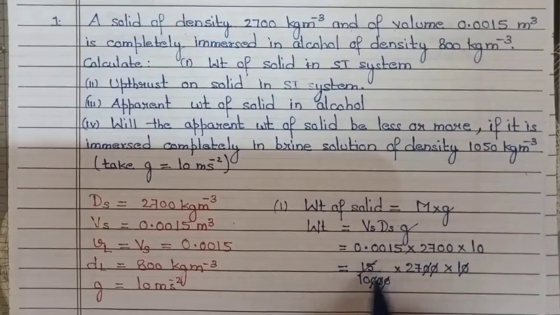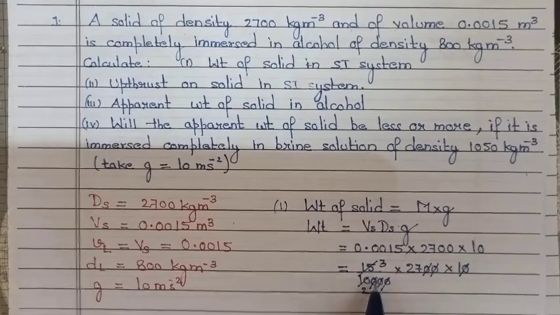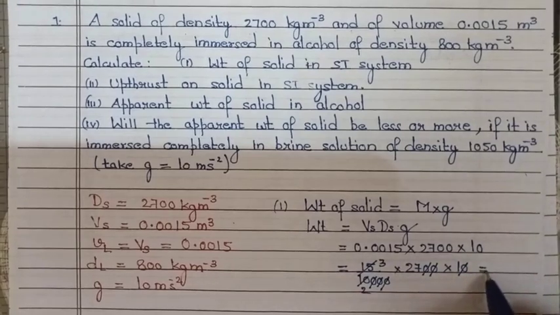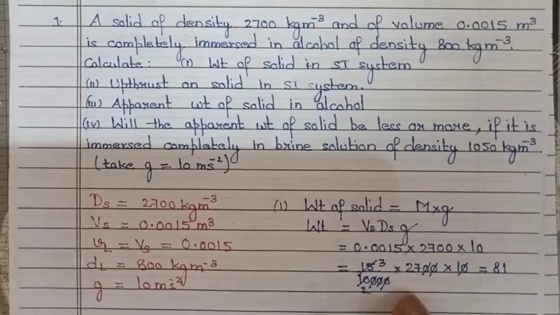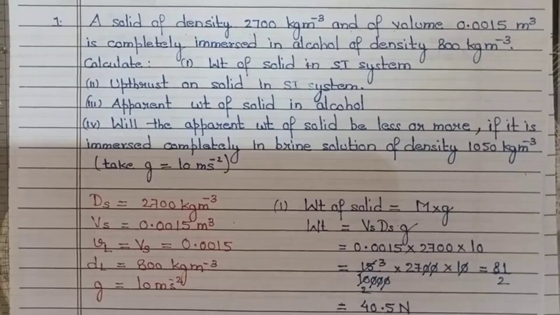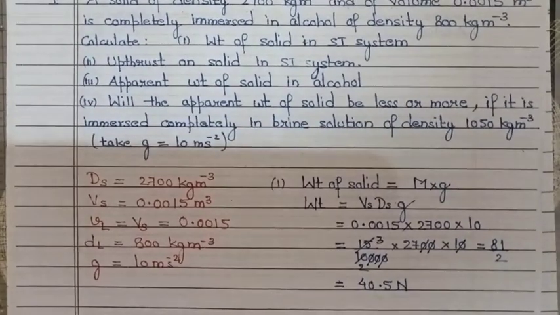Then you can reduce 5 3s are, 5 2s are, so you are getting 27 into 3, that will give you 81. 27 into 3 will give you 81 upon 2. So we get the weight as 40.5 Newton. So this is the weight of the solid.